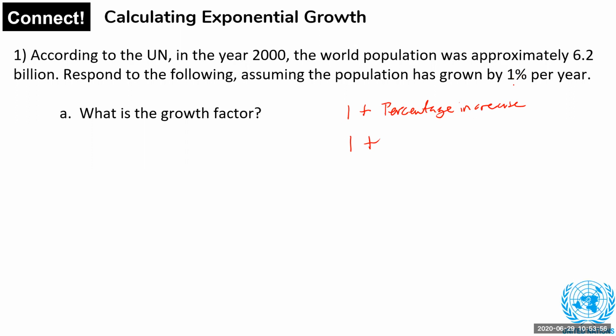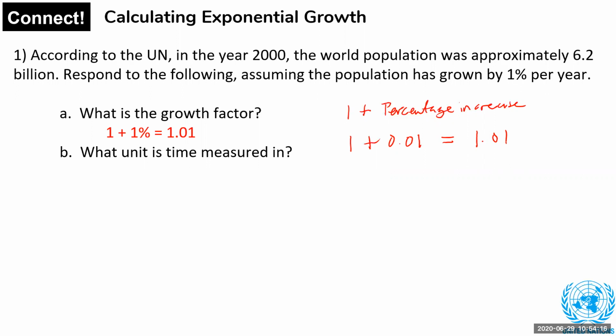To change 1% to a decimal, just do 1 divided by 100, and that is 0.01. So the growth factor is what? 1.01. All right. Now, what unit is time measured in? And time is measured here in what?